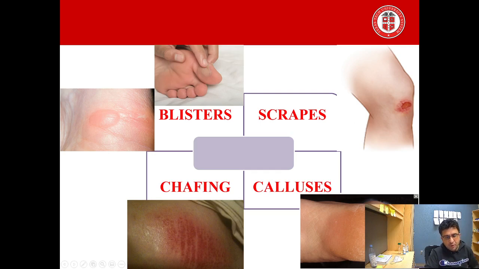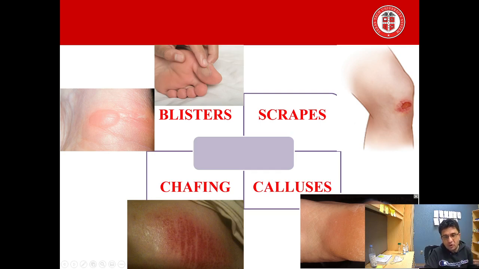The problem is that because of continuous pressure, because of a shoe which is too tight, or not wearing socks, or walking on surfaces which are too hard, there is maybe loss of an adequate amount of blood supply here, which results in some sort of fibrosis, and this fibrosis makes this superficial tissue dead.